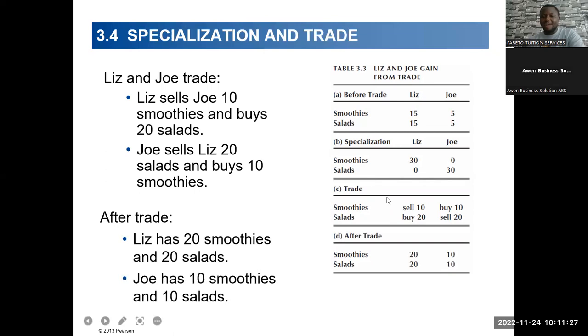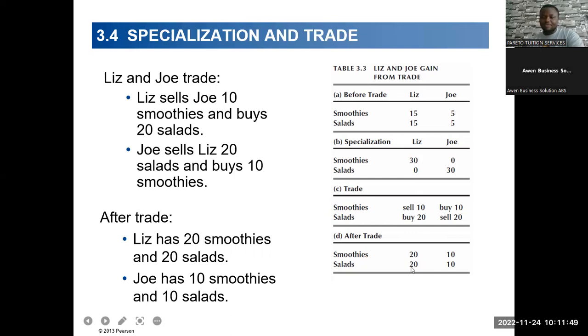So what happens after the trade? Initially, for the specialization, Liz was producing only 30 units of smoothies. Now she sold 10 to Joe. So Joe is now having 10 units of what? Smoothies. Joe was producing only 30 salads. Now 20 has been sold to what? To Liz.